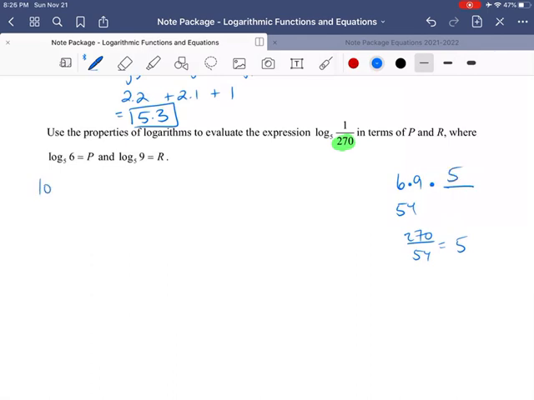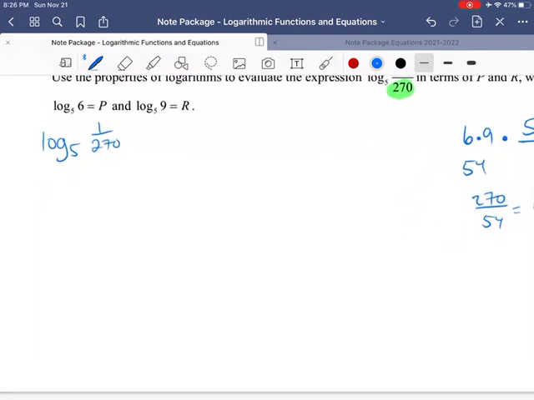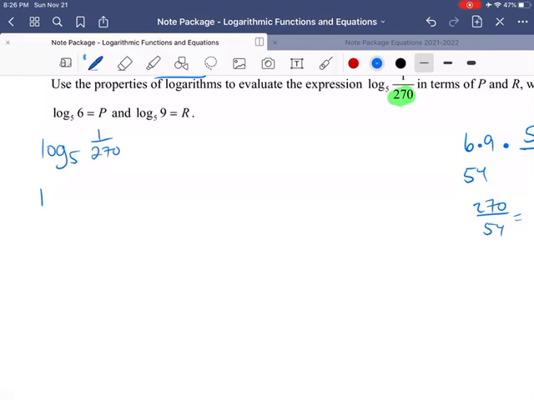So start with your original one here: log 5 of 1 over 270. Now this fraction is a little prohibitive, so we're going to change it to 270 to the negative 1 exponent. If you recall, 1 over x is equal to x to the negative 1, so we're using that exponent rule in logs.